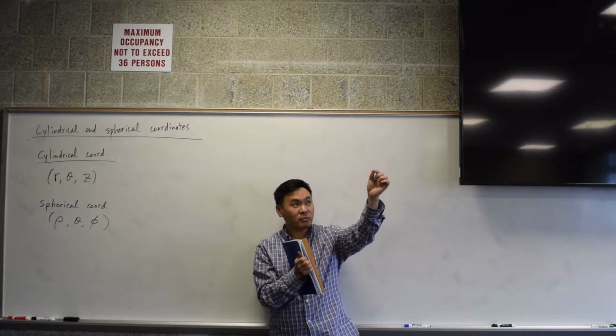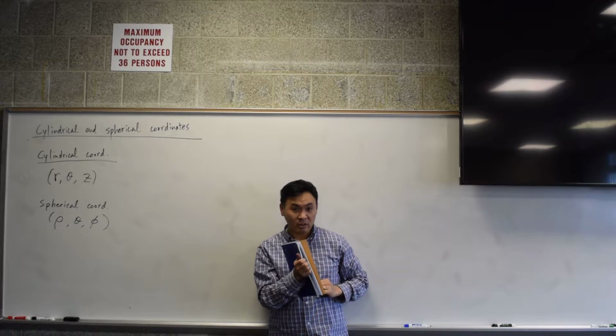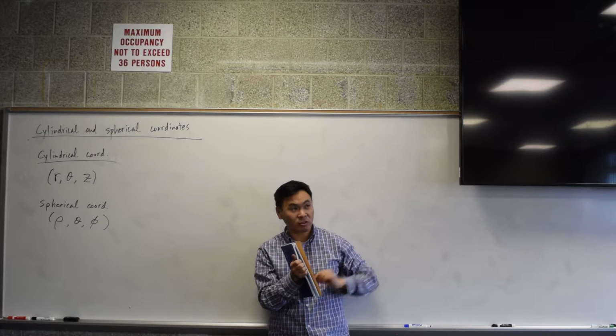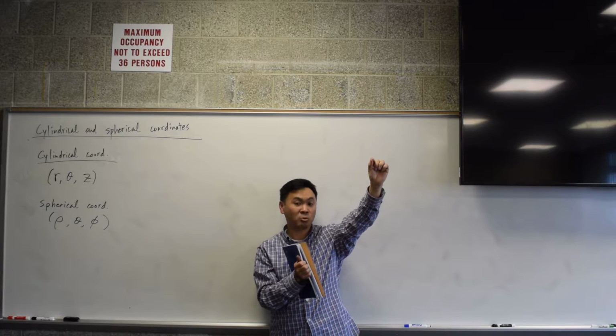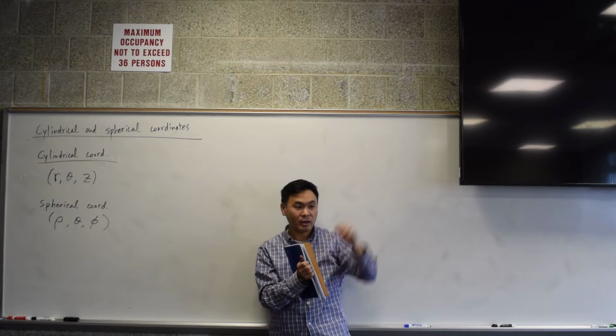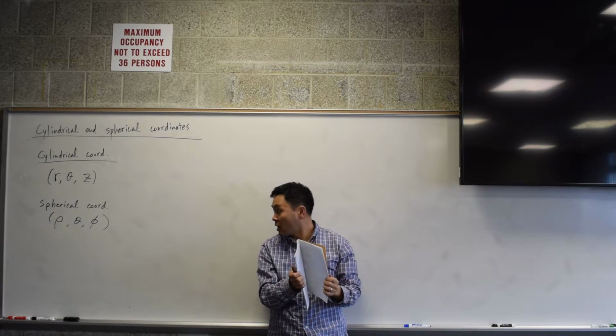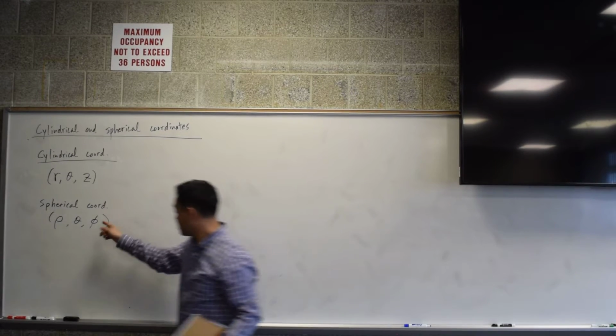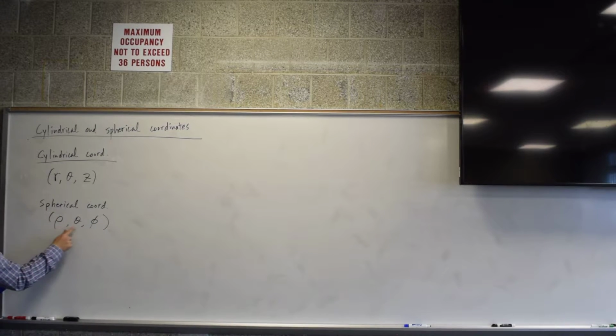And then the distance from the origin to that point is called rho. Rho is the distance from the origin to the point. Okay, and then phi. These are, by the way, all Greek symbols, right? This is rho, theta, and phi.